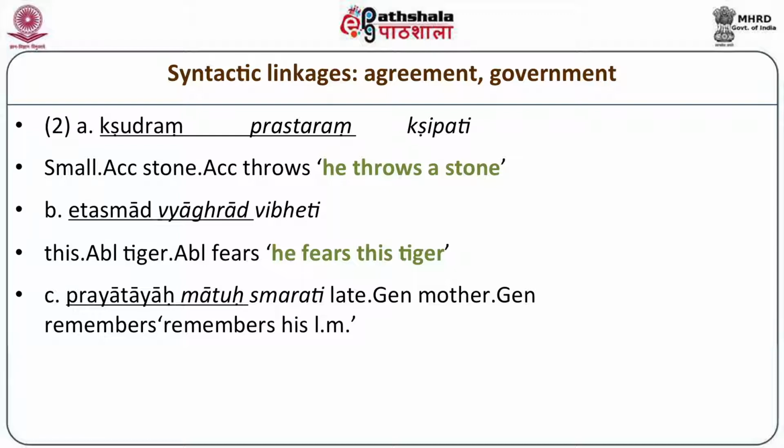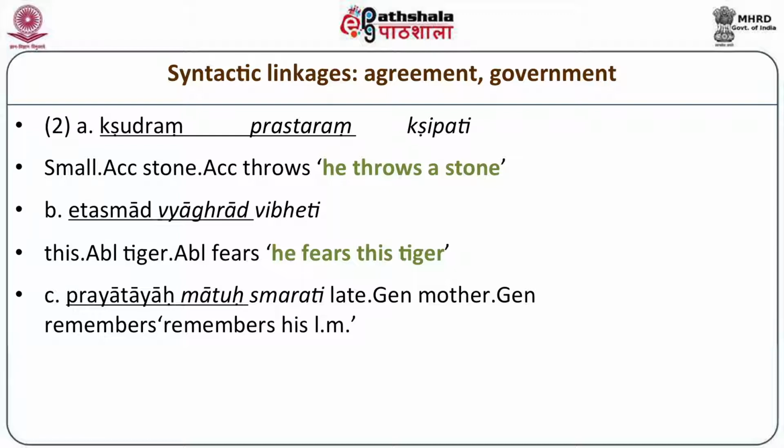Now in all these, you find 3 verbs choosing an accusative, an ablative, and a genitive on the noun. In my comments, I've been emphasizing the fact that inflection marks agreement between the noun and its dependent. The noun is a head, and the dependent may be an adjective like kshudram or a demonstrative.